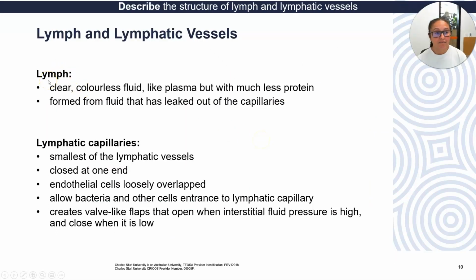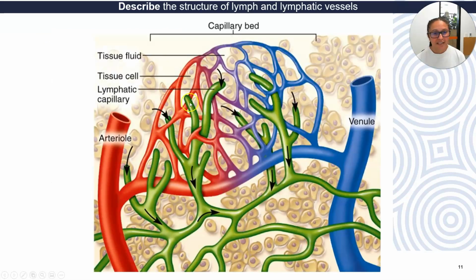So what is lymph? Interstitial fluid, when it goes into the little lymphatic capillary, then it's called lymph, pretty much. It's a little bit different to plasma, but it's a lot like interstitial fluid. Here is another picture. Look at the cells all living in your tissue, all happy.